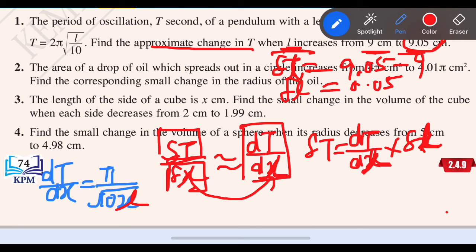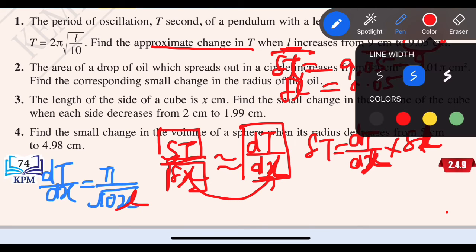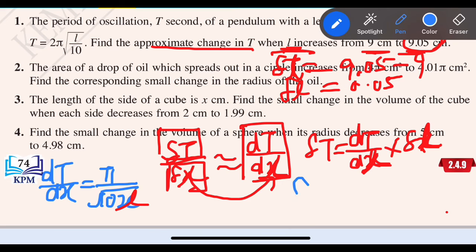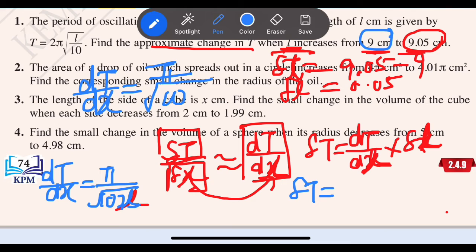So the answer is 0.05 for delta L. And then you just substitute. So dt/dL is pi over square root of 10L. I use x here, so you can use L if you prefer. The L is representing x here, which is 9.